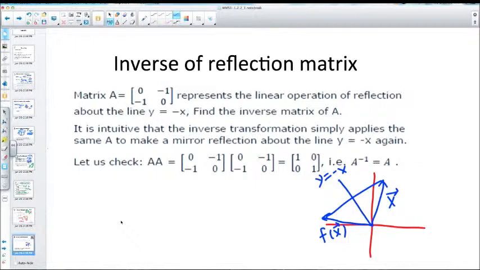How do you undo this mirror reflection? Well, all you need is to reflect it back. Do the same thing. What does it mean to do the same thing? You multiply by the same matrix. This is the reflection matrix. You multiply it by itself. Basically, you are bouncing back from the mirror twice. You are back to the original position, and that's the identity. I think you can figure that out in geometry.